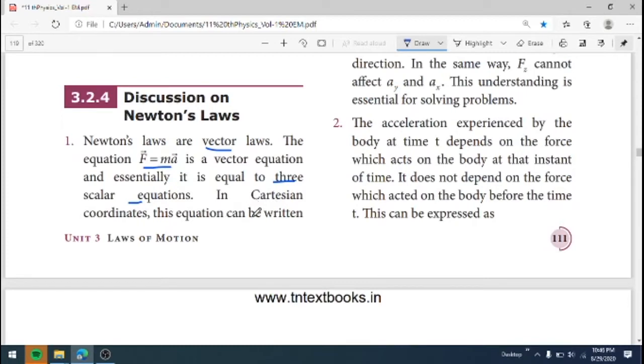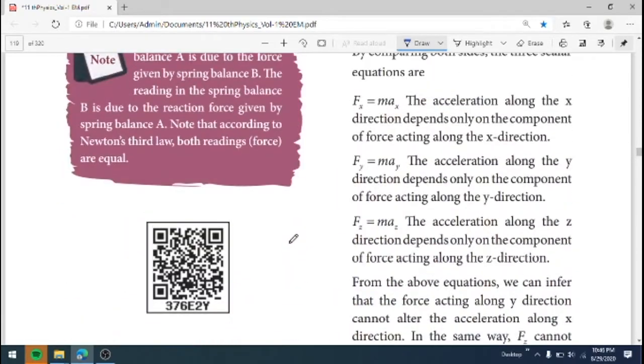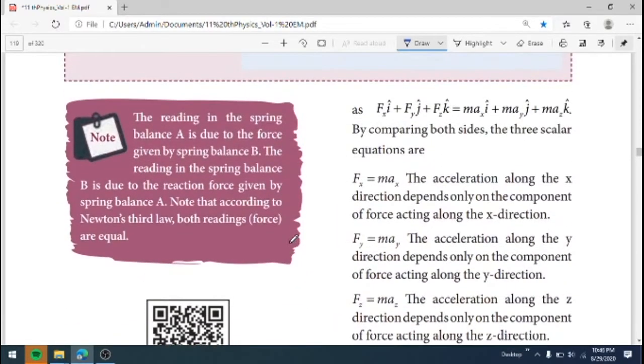You know, in Cartesian coordinates, this equation can be written as F vector equals Fx i cap plus Fy j cap plus Fz k cap, that's equal to m ax i cap plus m ay j cap plus m az k cap, because this m is multiplied by each component of the vector.